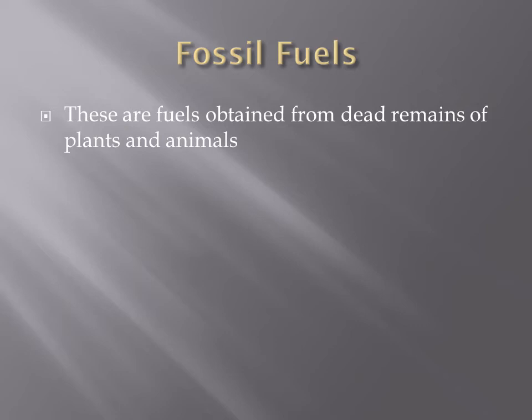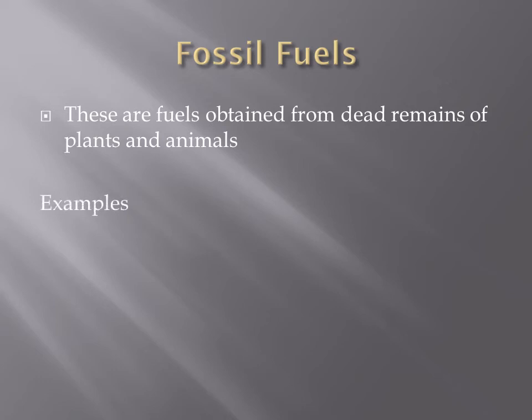Different decomposers decompose their body. After decomposition, different fuels are obtained from their remains. This is a complete process that we study in detail in physics, how the fossil fuels are actually made. So these fuels are termed as fossil fuels.